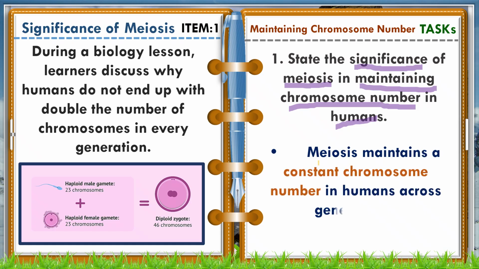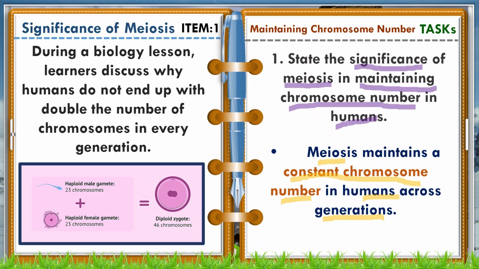Now, meiosis maintains a constant chromosome number in humans across generations. So what we are saying here is that the number of chromosomes in humans from one generation to another is maintained the same.